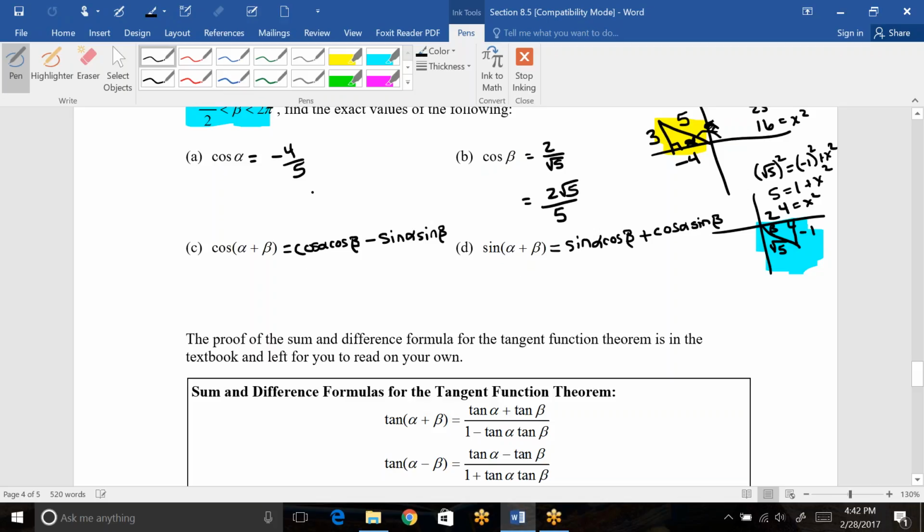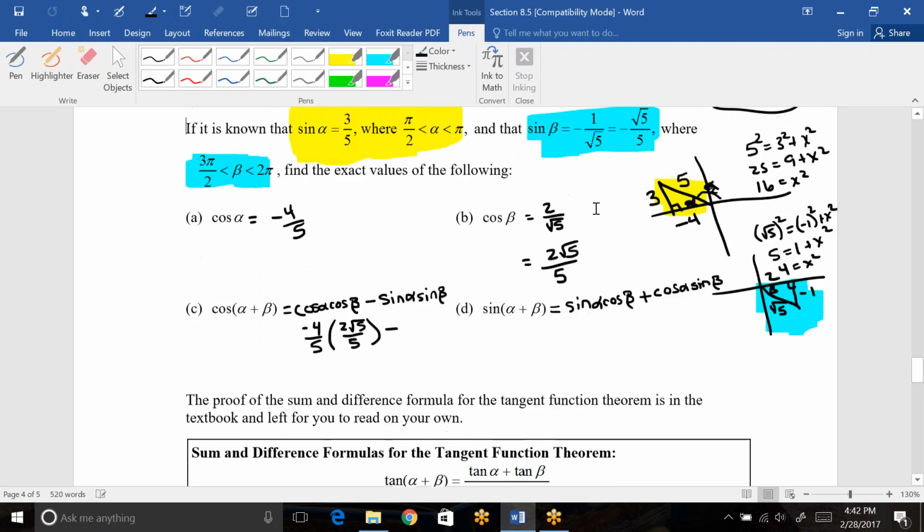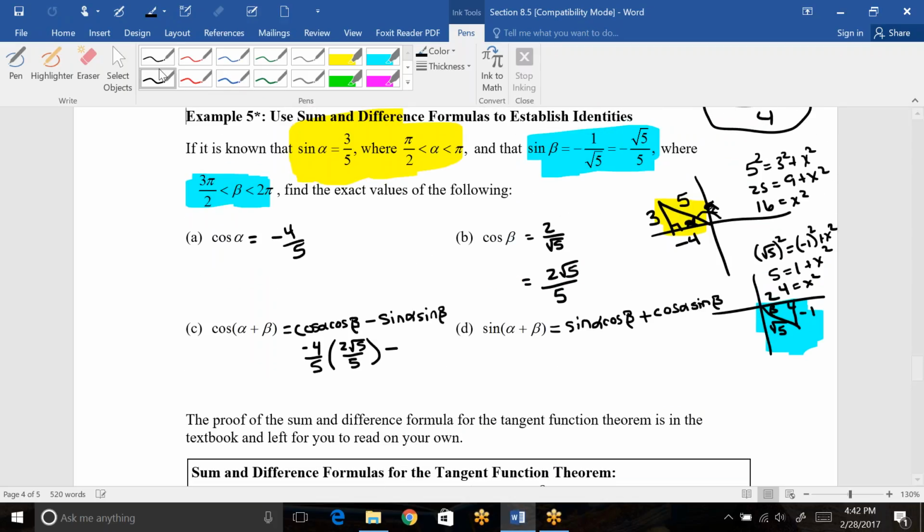Okay, so let's plug in what we know now, because now we have all of our pieces. So cosine of alpha is -4/5. Cosine of beta is 2 square root of 5/5, minus sine of alpha, remember, was given to us originally in the problem as 3/5, I believe, but I want to look back up. Yes, 3/5. And sine of beta was negative square root of 5/5 when it was rationalized.